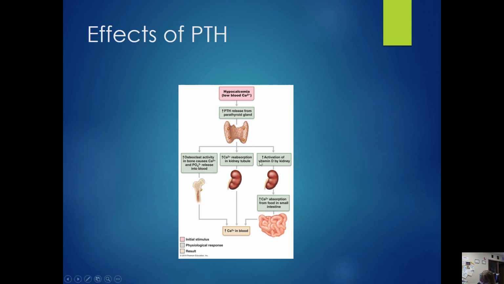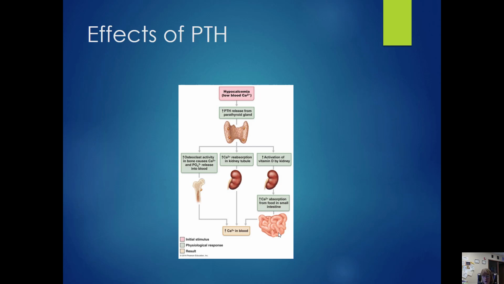But here's another super important one: the cholecalciferol that's going to be made by your skin, the vitamin D that's made by your skin, needs to go to the kidney. It needs to be converted into 1,25 dihydroxy vitamin D3. And that is what then goes to the small intestine for calcium absorption.